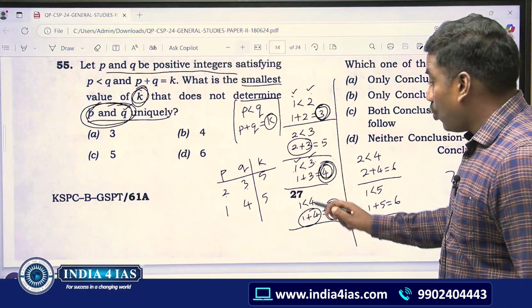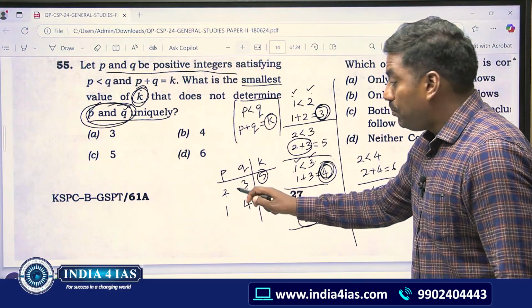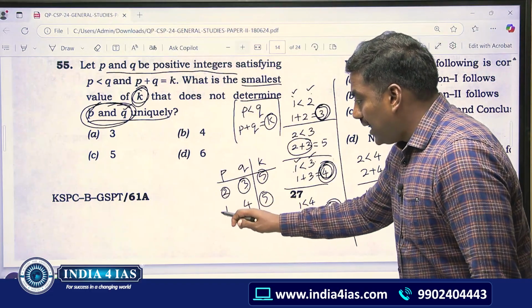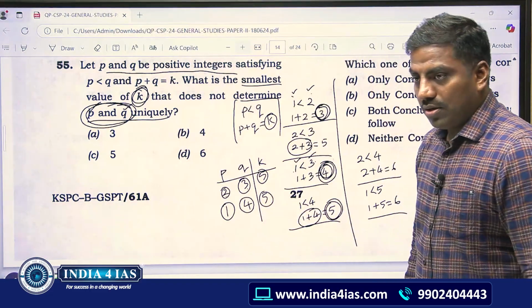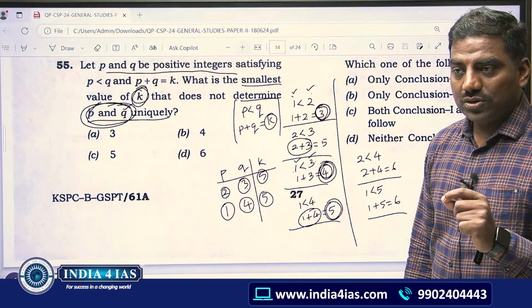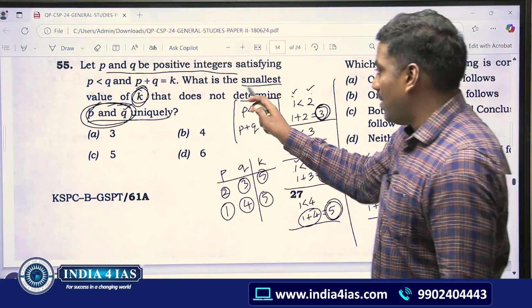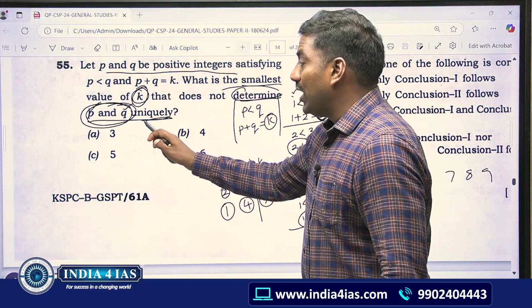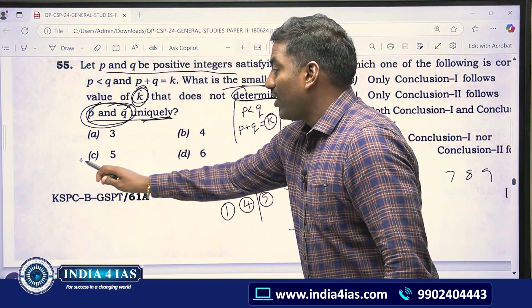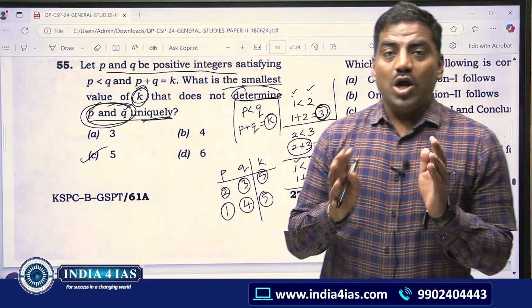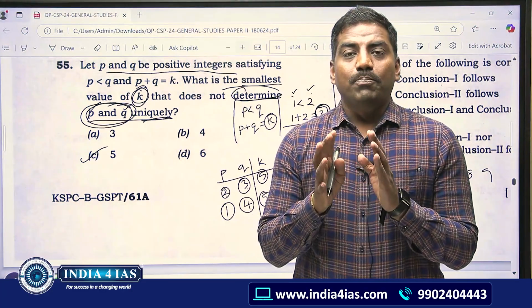But when it is 5, P can be 2 and Q can be 3, or P can be 1 and Q can be 4. So from now on, we will not get the unique values. So the smallest number that does not determine P and Q uniquely is 5.